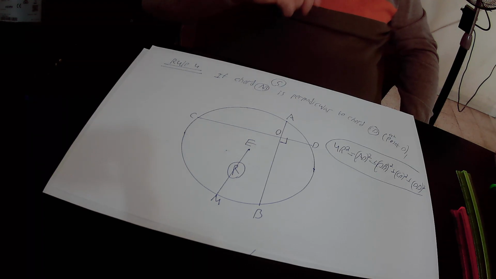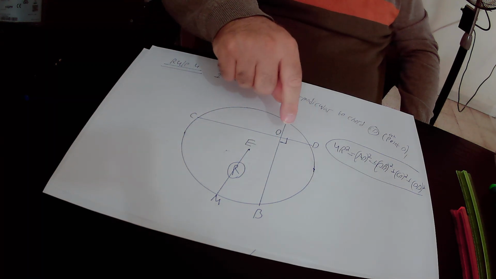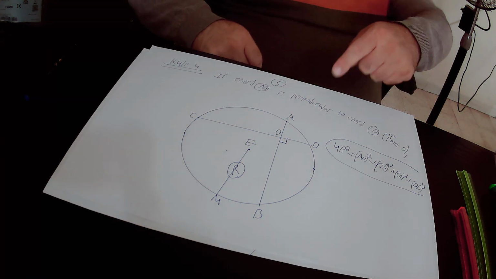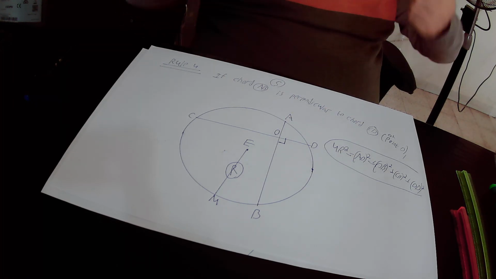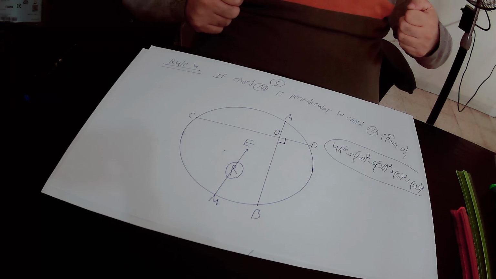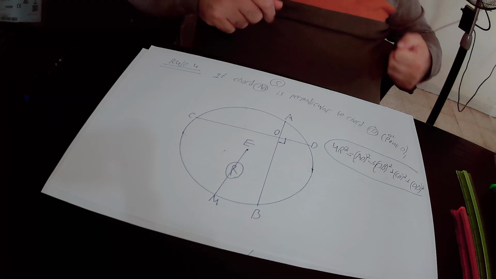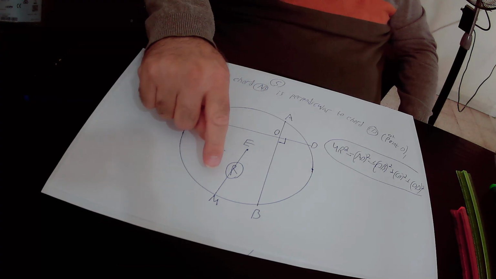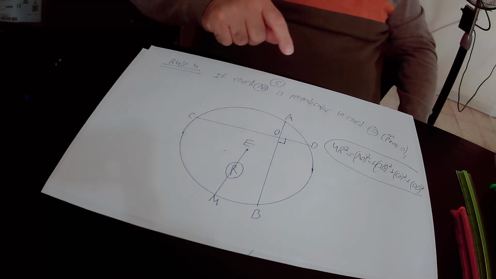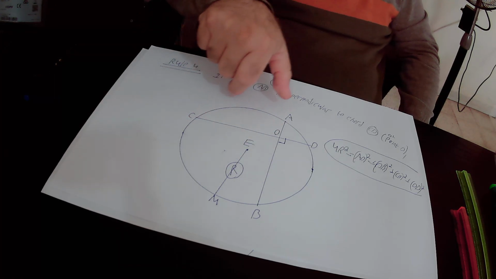And indeed here we have chord AB that is perpendicular to chord CD at point O. This angle equals 90 degrees, therefore the two chords are perpendicular to each other, and therefore we can implement rule number 4 here. According to rule number 4, if the radius of this circle is capital R, then 4R squared equals AO squared plus OB squared plus CO squared plus OD squared.